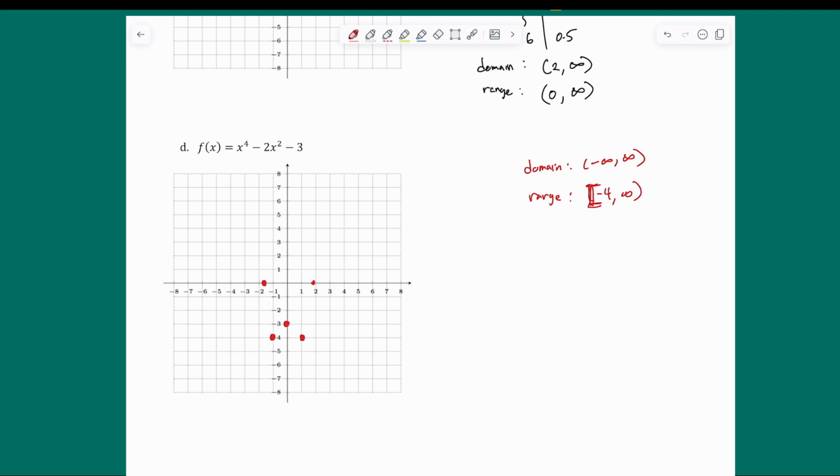And the graph looks something like this, and it shot up pretty quickly this way. And it came down and around, and then shot up again. All right, so it's a pretty interesting function there. Domain is from negative infinity to infinity. Range is from negative 4 to positive infinity.